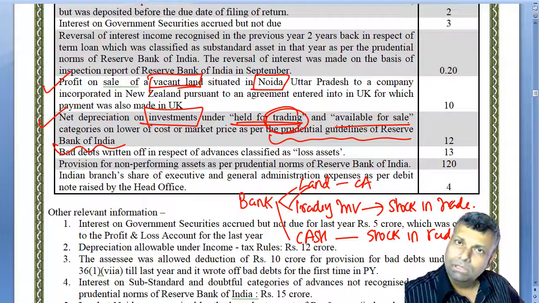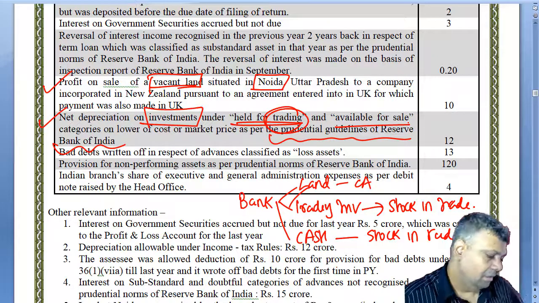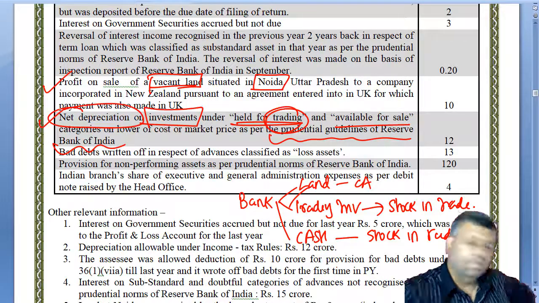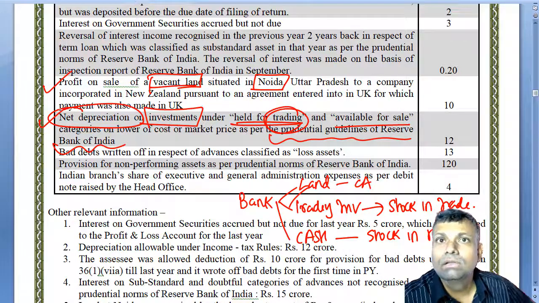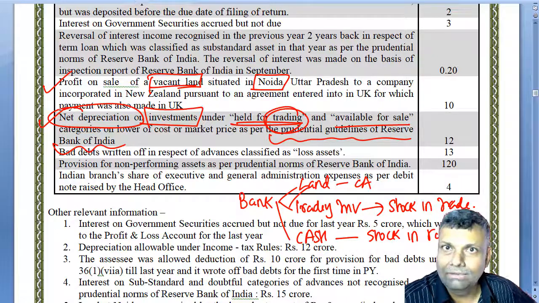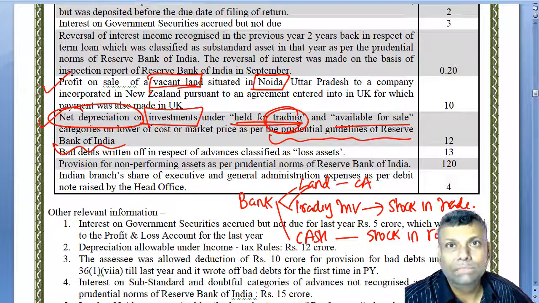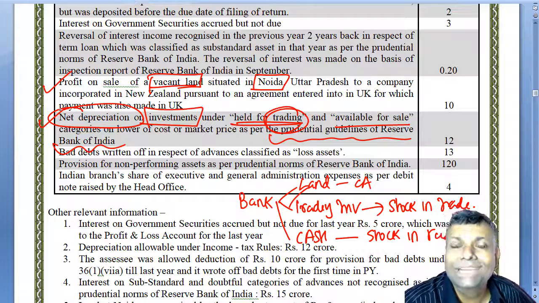That means this is what the bank is always trading. Categories on lower of cost or market price as per the prudential norms. So this is a net depreciation on the trading investment. That means your mark to market kind of situation. So the value of your trading investments has depreciated.